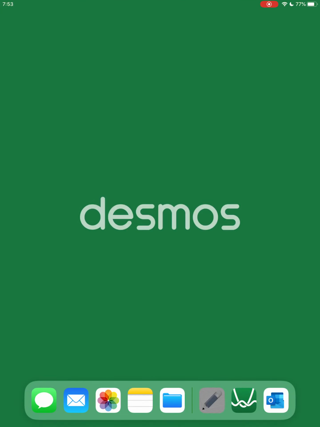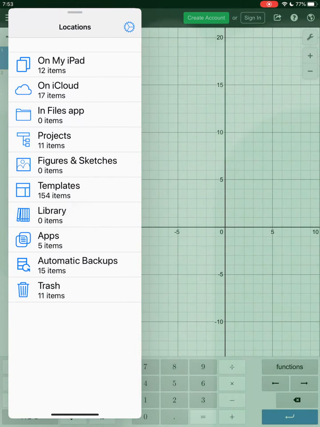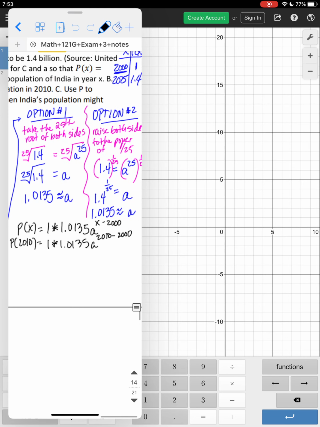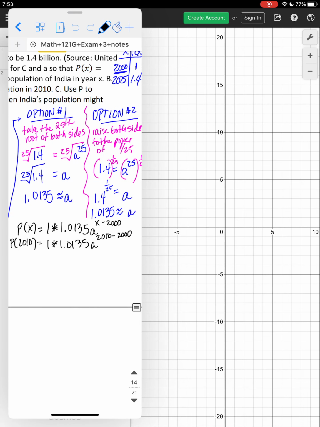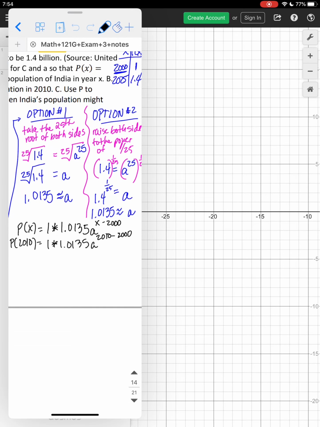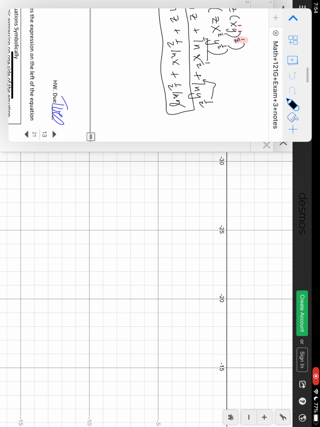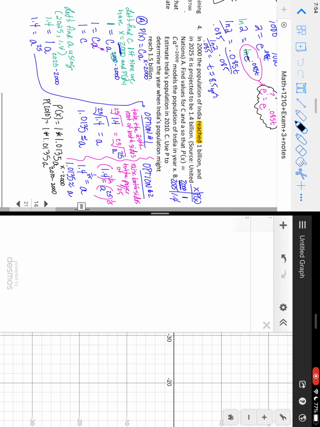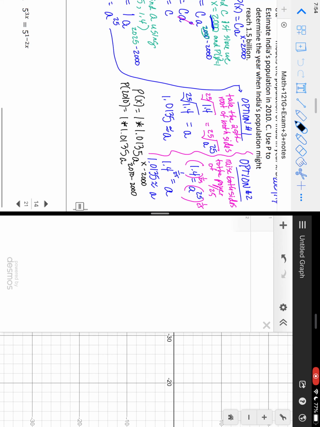Let me get my calculator out here. That's not what I wanted. This is what I wanted. Okay, so let's see. Okay, this doesn't want to work. Maybe because it's sideways. Let's see. There we go.